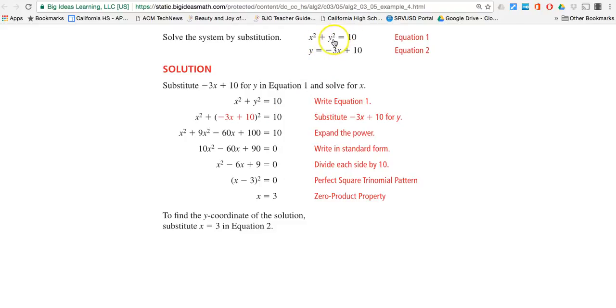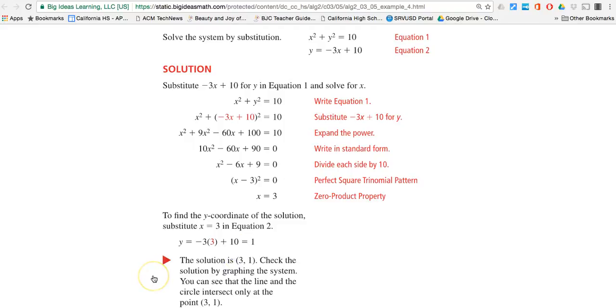You've got y squared, and it's just going to take a couple extra steps. So you plug x equals 3 into equation 2, so you get y equals negative 3 times 3 for x plus 10. So you get negative 9 plus 10. So you get 1. So your solution is (3, 1).